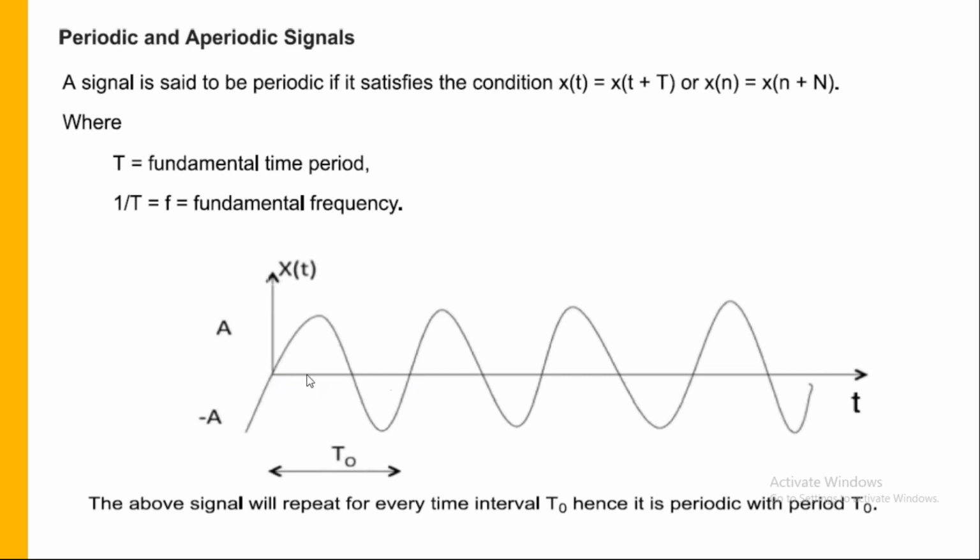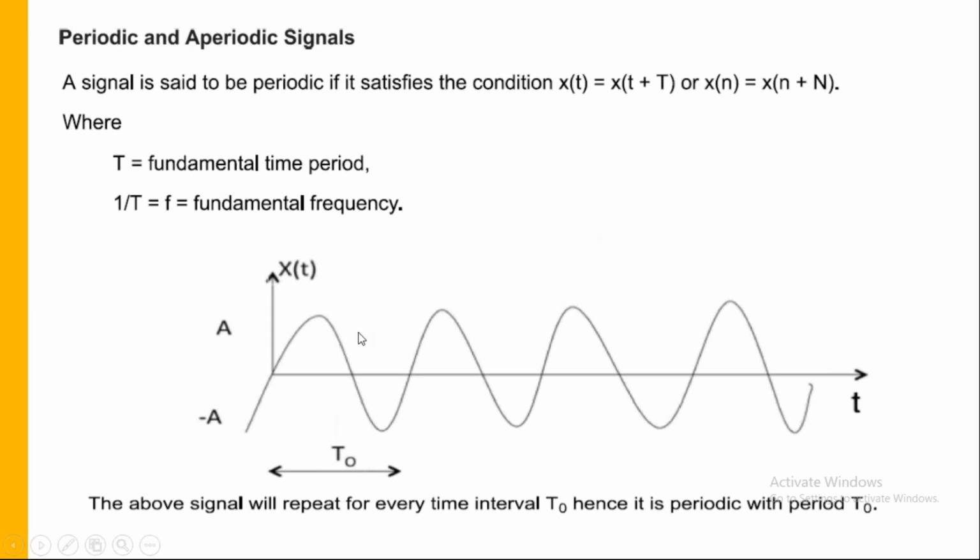From this portion to this portion, it completes one revolution. Again, it starts with 0. So observe it: for every t naught, the same waveform is repeating.